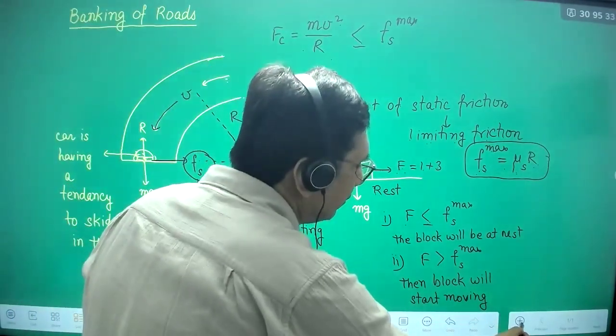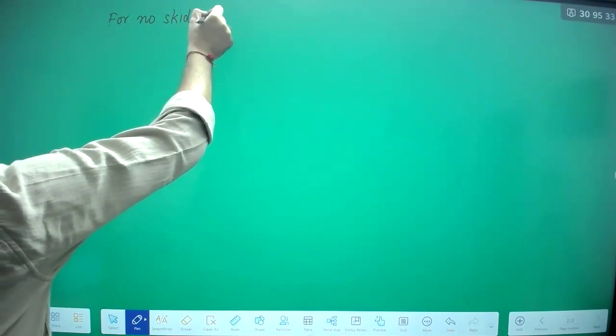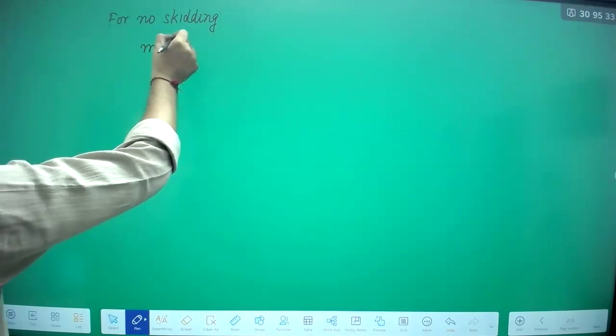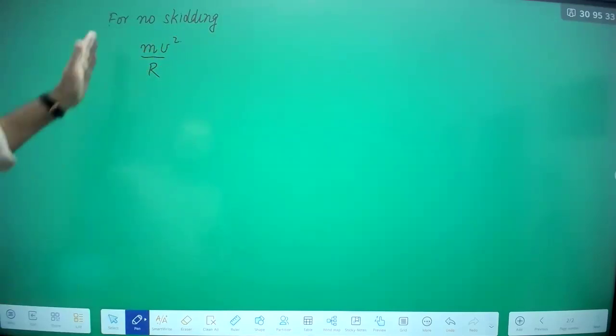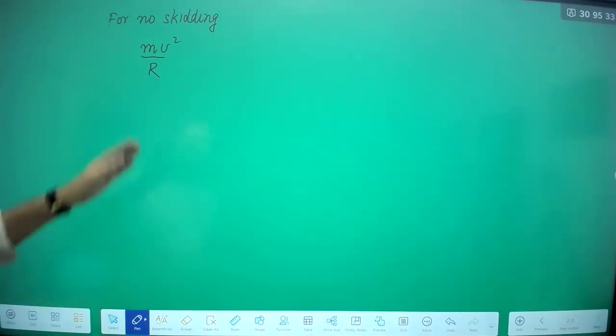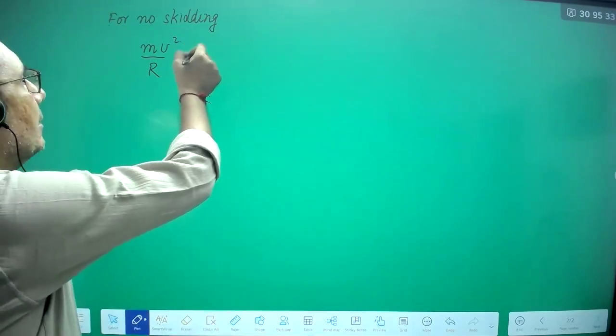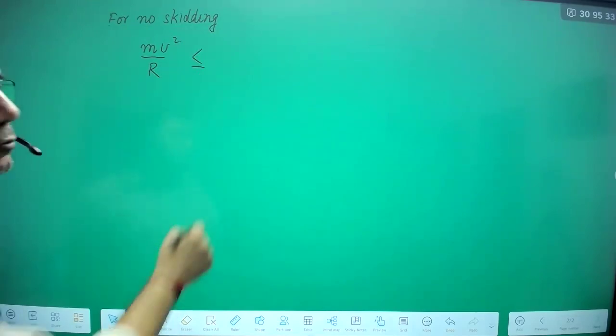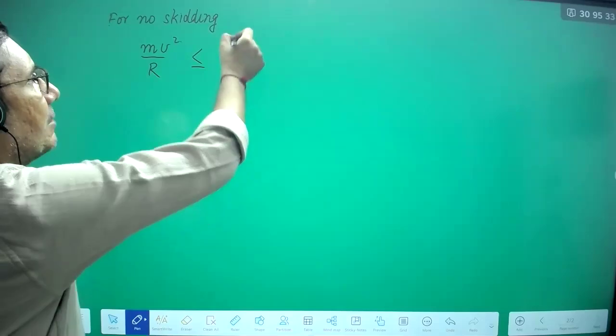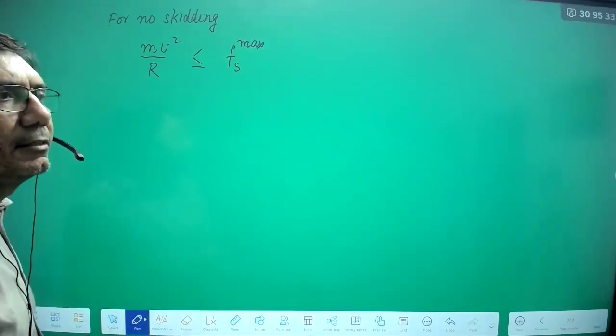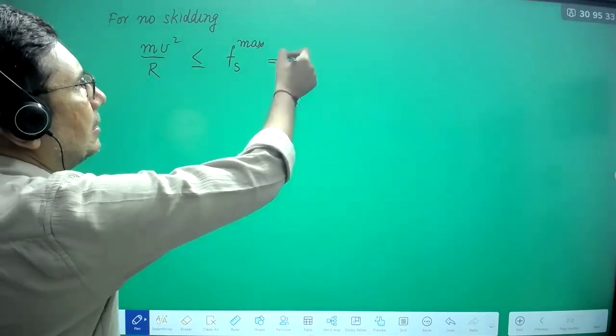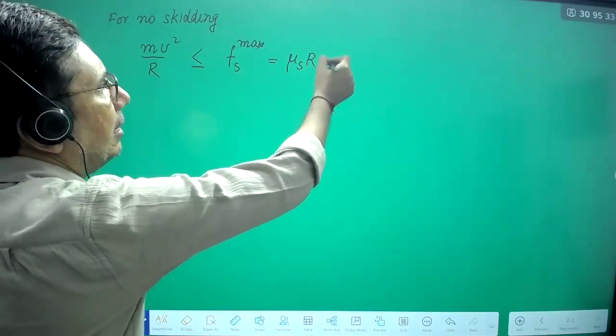It means, for no skidding, the required centripetal force mv square upon r should be less than or equal to Fs max, and Fs max is equal to mu s times R, and R is equal to mg.